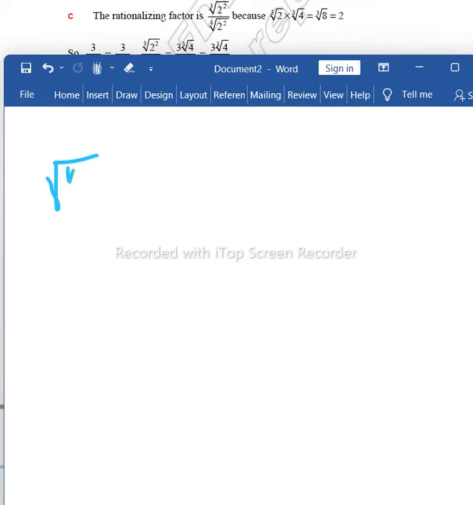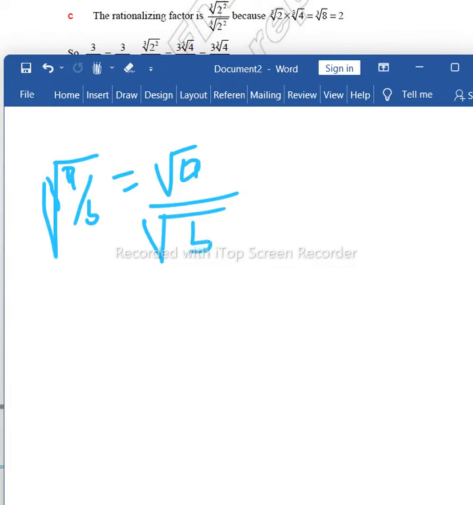So given like this, they are both under square root, then we can write square root of a over square root of b. After writing this, we have to multiply this number by square root of b over square root of b.